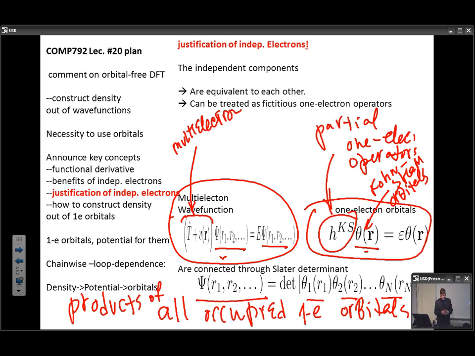So we are not forgetting about the benefits of density functionals. We just made a little step aside towards wave functions, but we are going to return back. And in order to use those benefits, we need to construct the total density based on those Kohn-Sham orbitals.